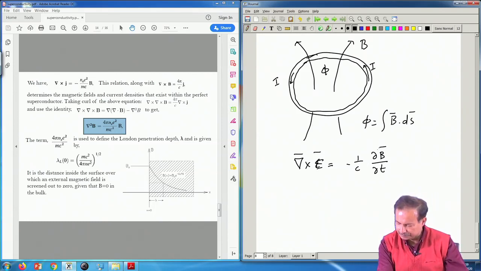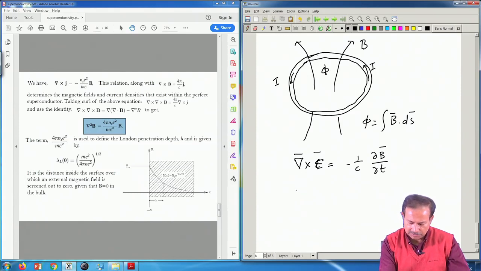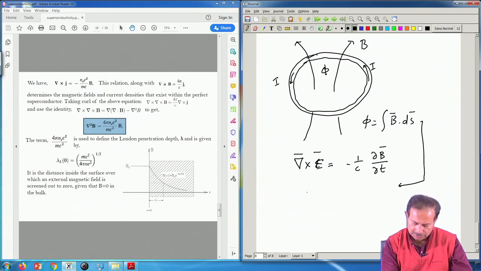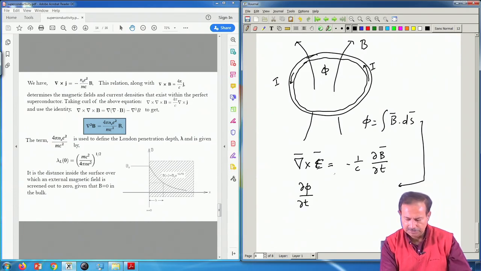So, let us just start from this equation and write del phi del t. Okay.